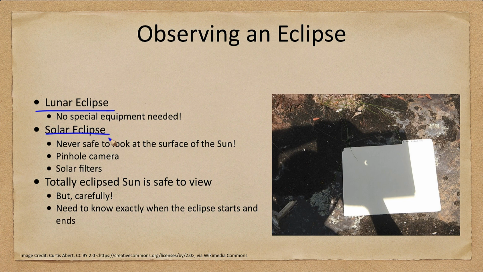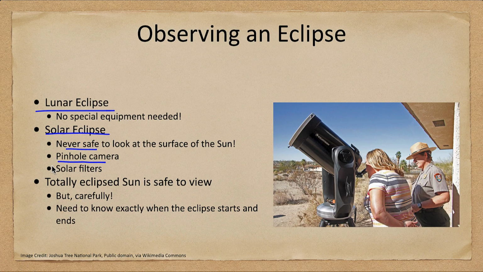A solar eclipse, you do not want to look at. It is never safe to look at the surface of the sun, whether it's eclipsed or not. It is extremely bright and can potentially cause damage to your eyes. Things like pinhole cameras or solar filters on a telescope, as shown here, can allow you to see an eclipse safely.